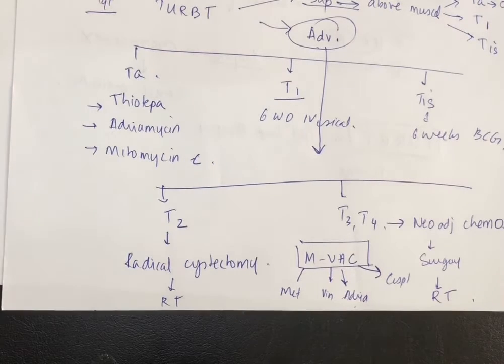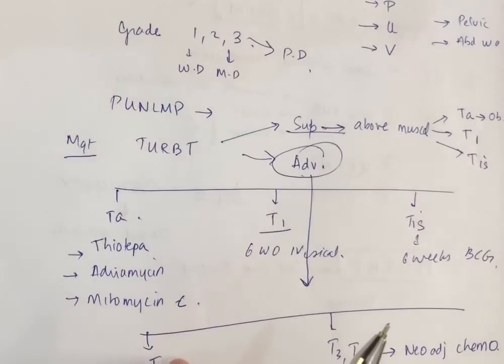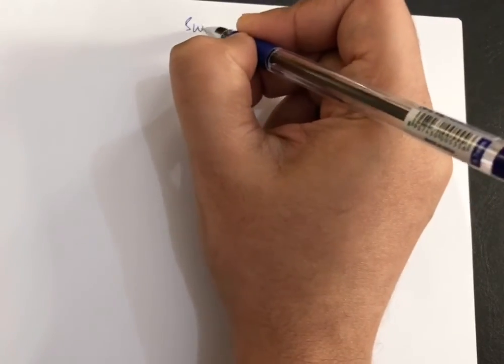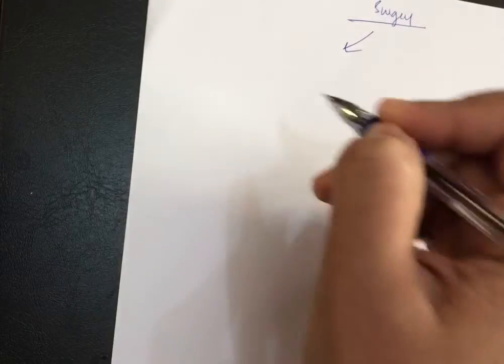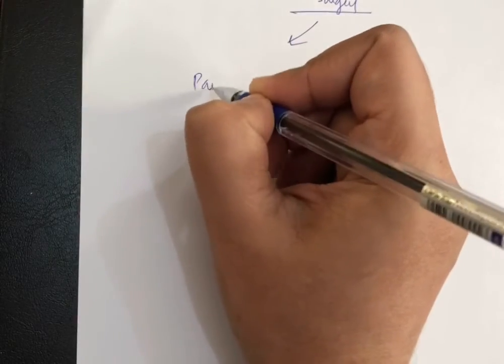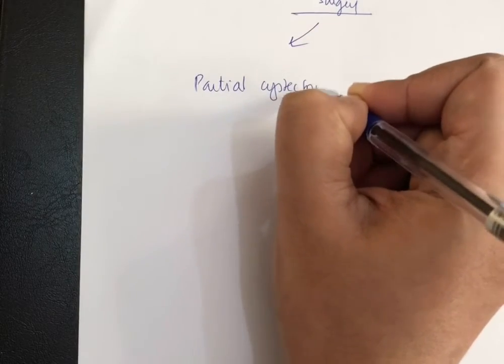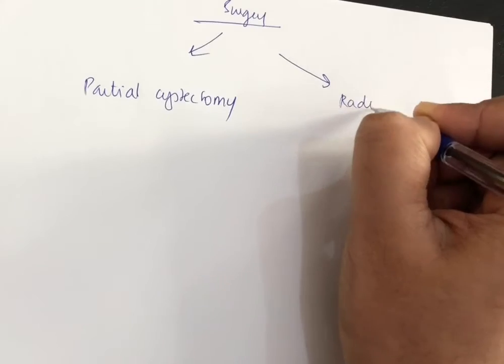So coming to the surgery, there is partial cystectomy and also radical cystectomy.